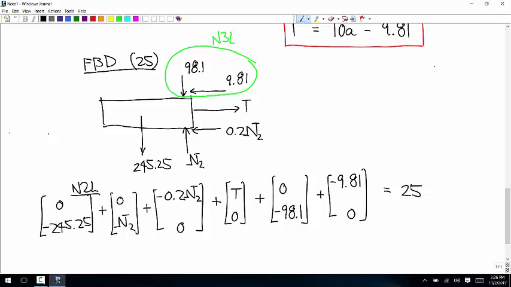So if I'm going to call the 10 kilogram acceleration positive a0, I'm going to call the acceleration of this one negative a0. That's what I'm trying to get at. So this acceleration is negative a0.